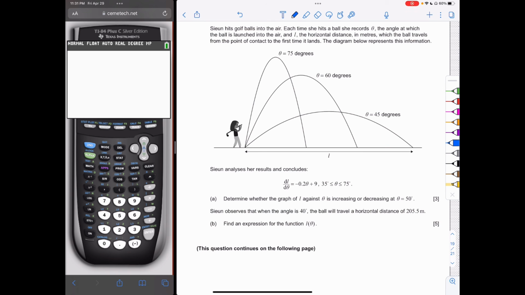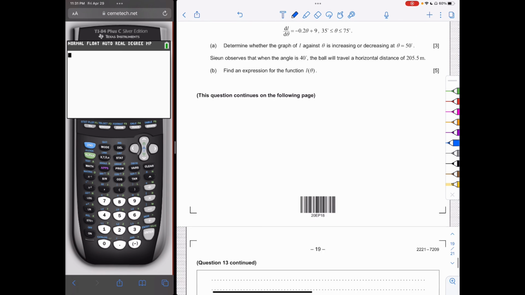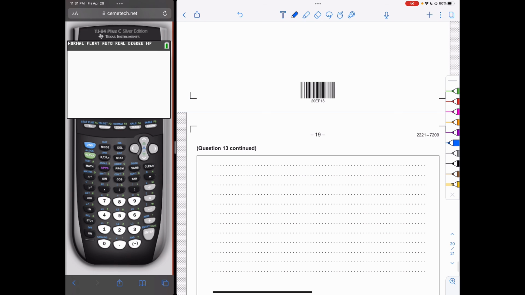So we're going to use our derivative formula, because remember, derivative means gradient or slope. So we're going to use that derivative equation to substitute in 50 for theta.